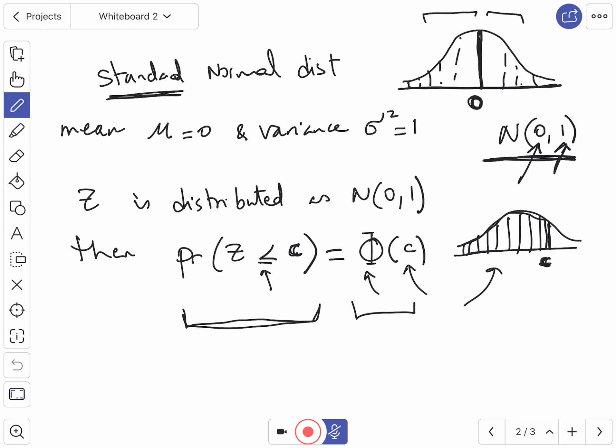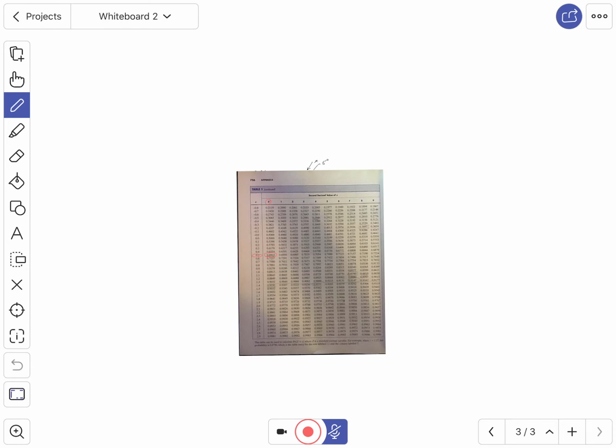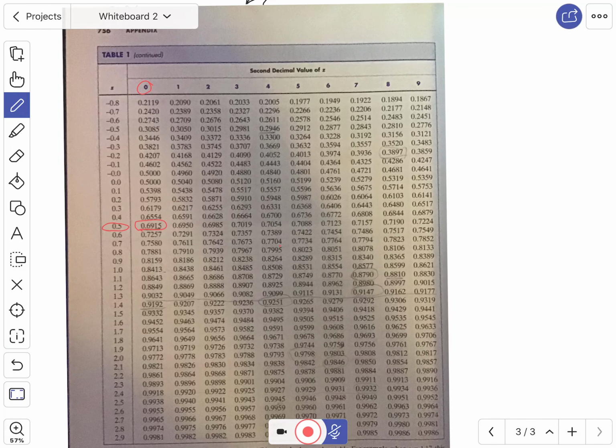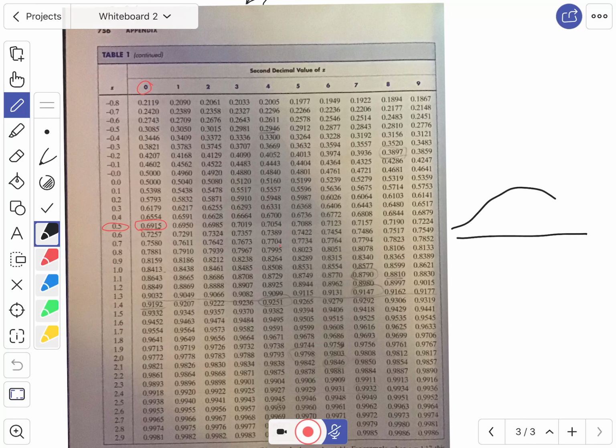Okay, so let me write it here. The distribution that we had under the graph of the standard normal, centered under the 0, and let's assume this is 0.5, and this shaded region is 69.15%.